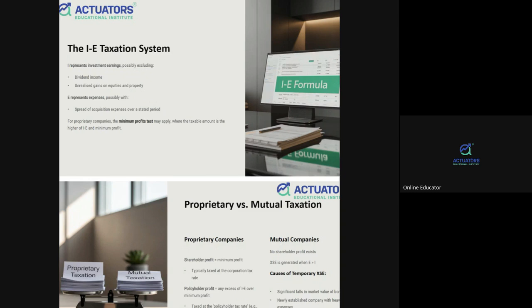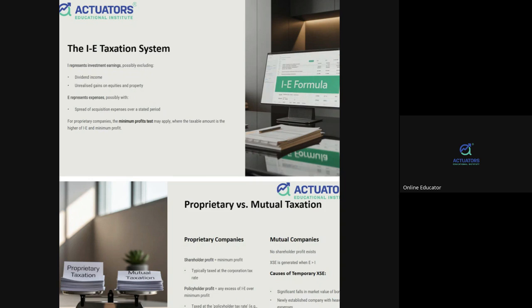For example, the shareholder profit was 100, policyholder profit was minus 20. The I minus E profit was 80, but it was still taxed on 100. So it was not able to take advantage of that extra 20 rupees of expenses.